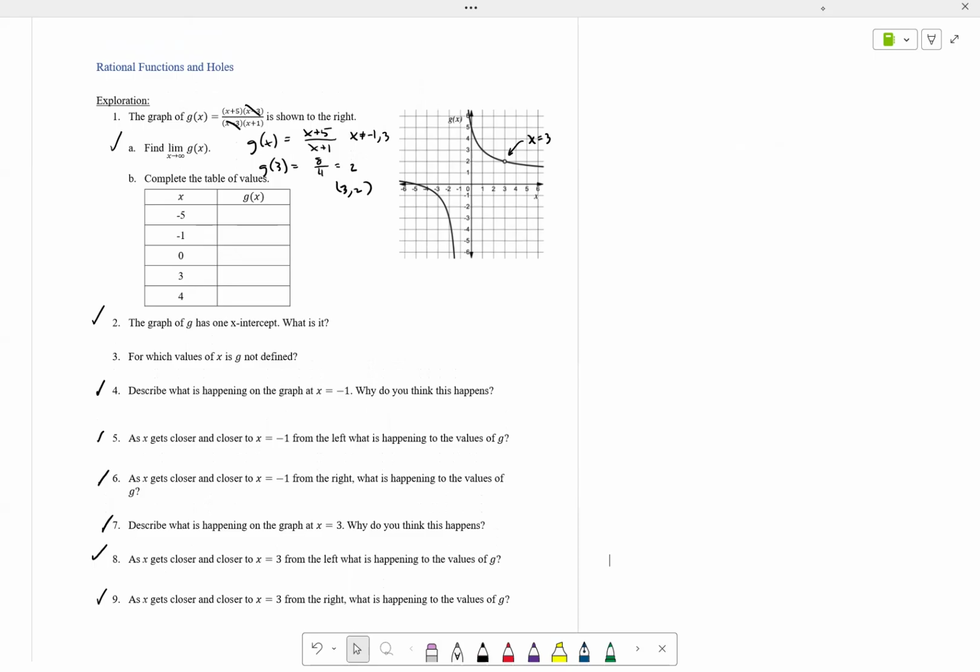Negative five. I got it, and then I wrote it. And then the ratio would be 0. Where appropriate, yeah, never. Excellent.